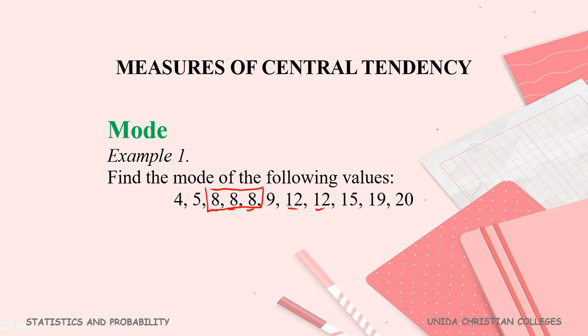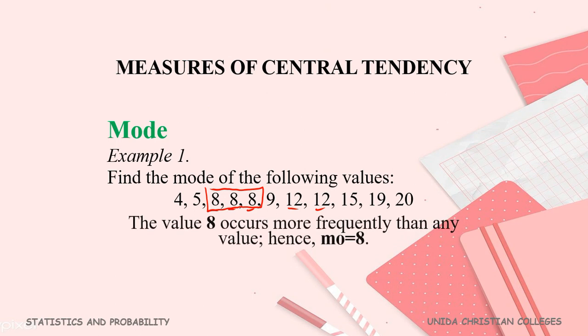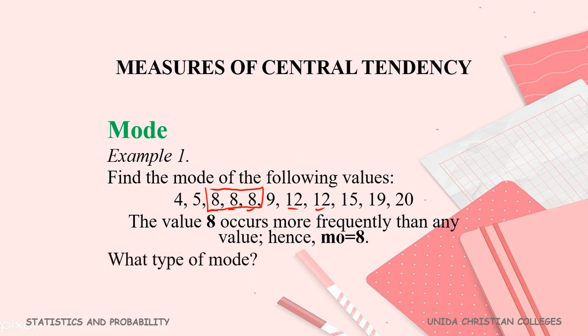Ilan ang mode natin? Tatlo ba? Kasi tatlong beses nag-occur si 8? Hindi po. Isa lang. Si 8 lang. Okay? So, ang value po natin ngayon, or ang ating mode po, will be 8, kasi si 8 po ang most frequent na lumabas sa ating data. Ngayon, anong type po siya ng mode? Hindi natin siya malalaman from the data, ha?